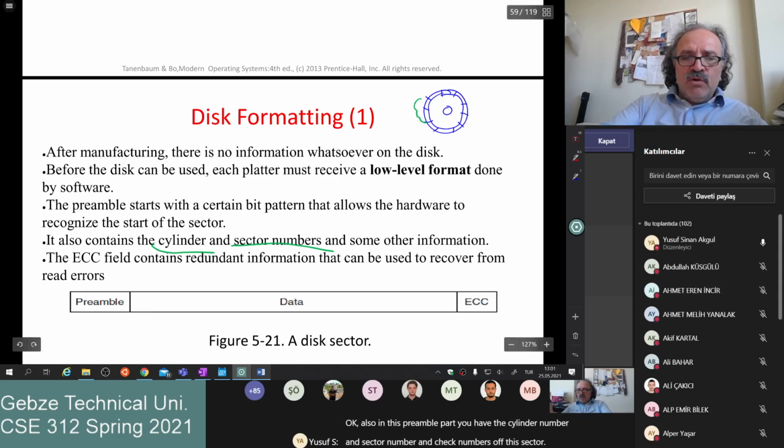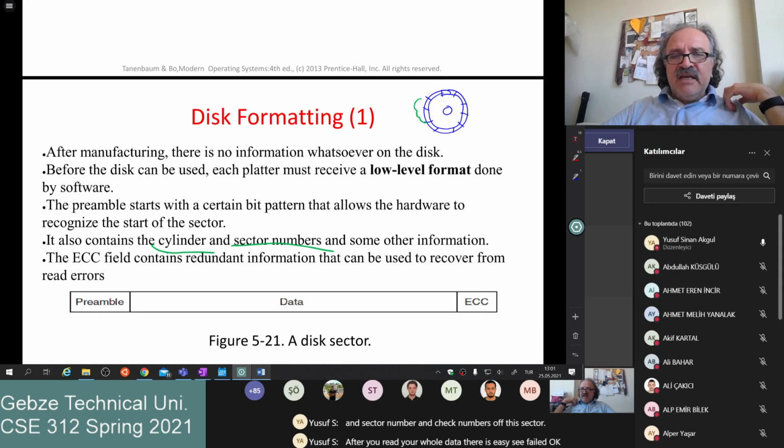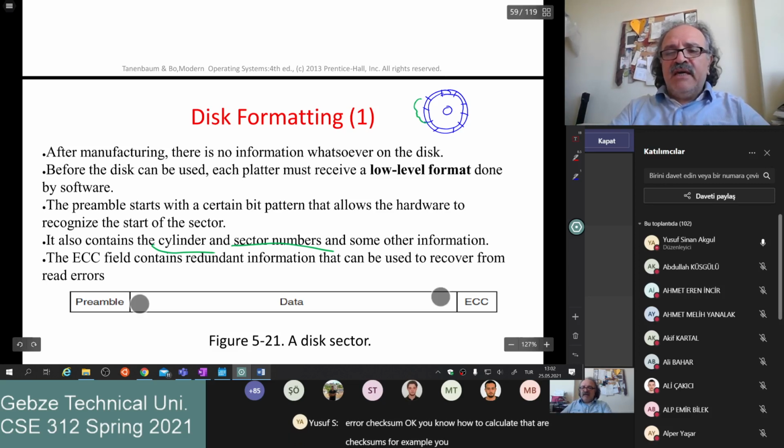After you read your whole data, there is the ECC field. That's the redundant information that will tell you about the error checksum. You know how to calculate error checksums. For example, you add all the data here. Of course, it's going to overflow, but that's okay.